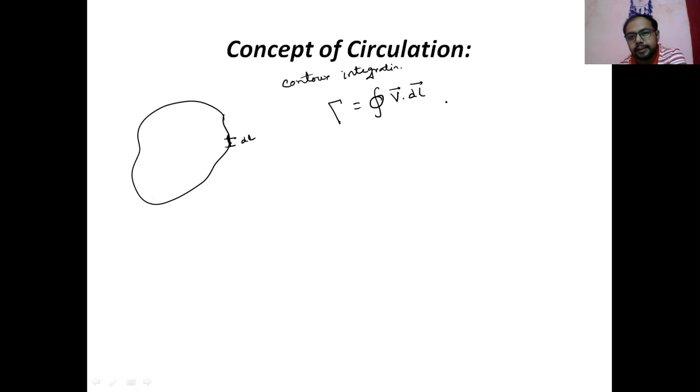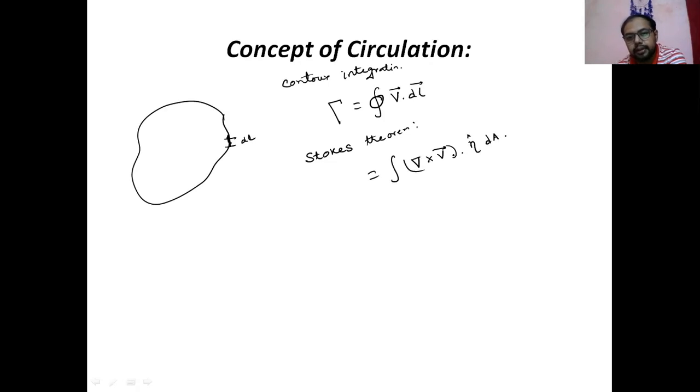How does it sense that? Like the Gauss divergence theorem, if you invoke Stokes theorem here, the contour integral can be converted into the curl of the velocity vector over the area.